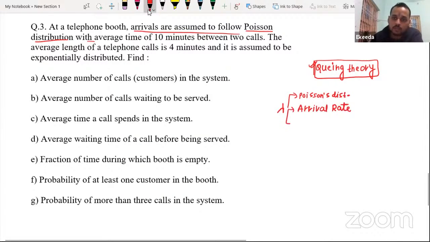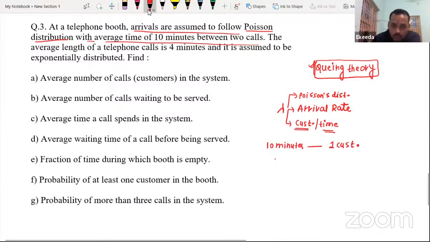The unit is going to be customers per unit time. Time can be anything, either hour or minute. They are saying that arrivals follow the Poisson distribution with an average time of 10 minutes between two calls. The unit for lambda is customers per unit time, but it is saying 10 minutes for one customer.